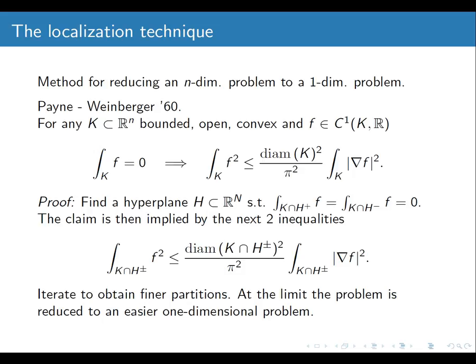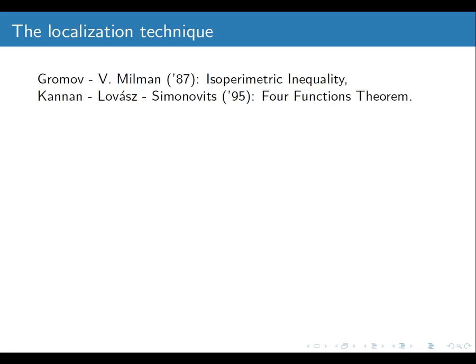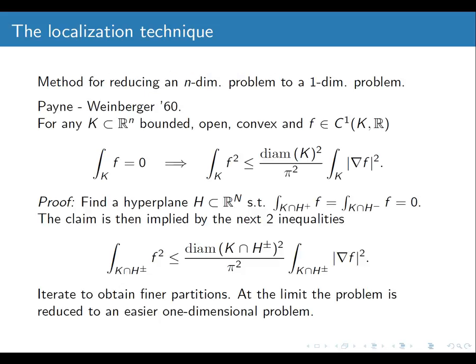And obviously this was in R^n for a different problem than the one that we had. But anyway, this method of localization was then developed by a lot of people. All of this approach that we saw here for Payne and Weinberger obviously uses a lot the symmetry of the space.